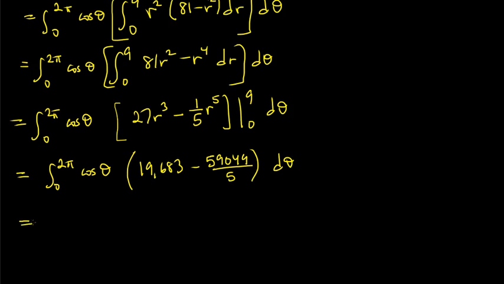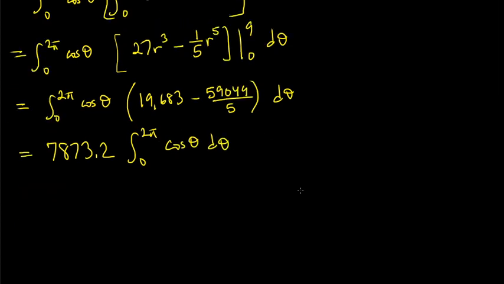And all that's just a constant, so I'll bring that outside. 7,873.2. And now we just do the final integral from 0 to 2 pi of cosine theta, which of course is just 0. So this whole thing is 0.